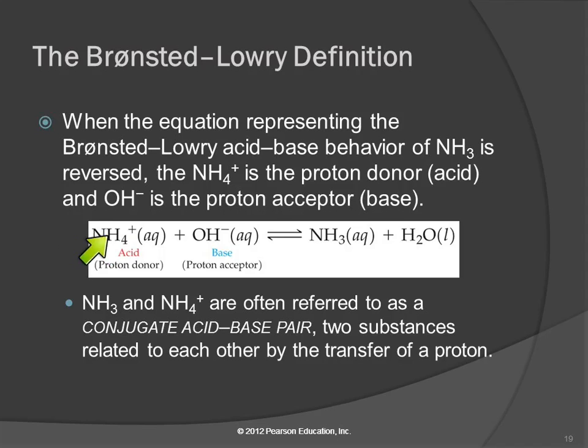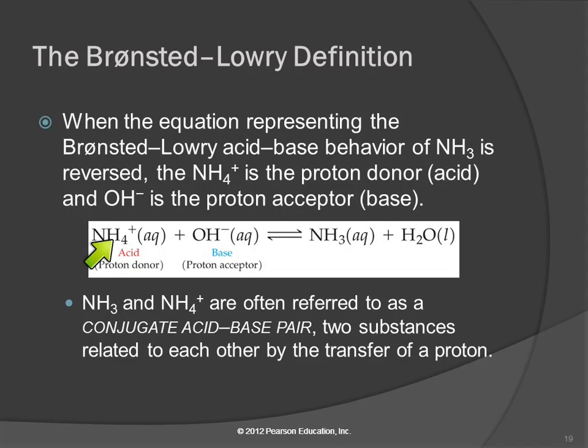The ammonium ion is donating a proton to the hydroxide ion. So the ammonium is acting as the acid, and the hydroxide ion is acting as the base and accepting it, and then you'll get ammonia and water.